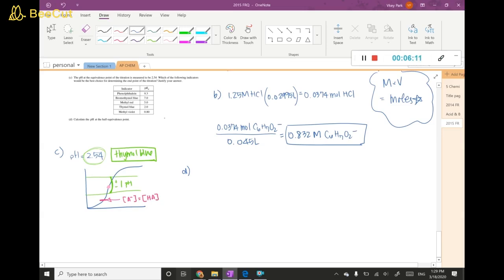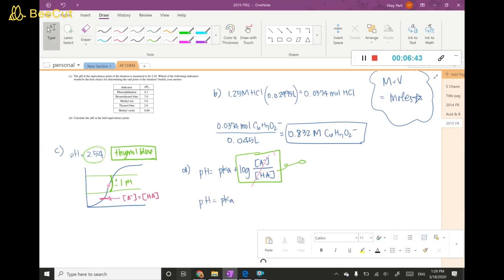So if you remember the Henderson-Hasselbalch equation, pH is equal to pKa plus log of conjugate base over acid, right? But if A minus equals HA concentration, all this ends up being 1, which means this whole log term will end up being 0. So at the end of the day, pH equals pKa, right?